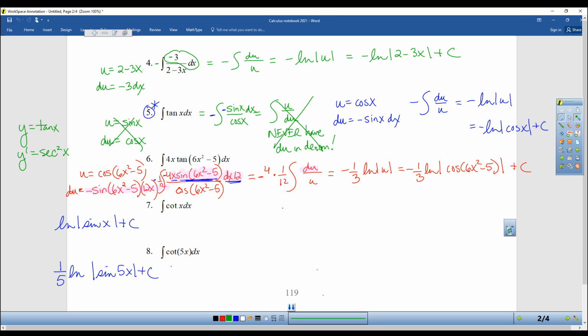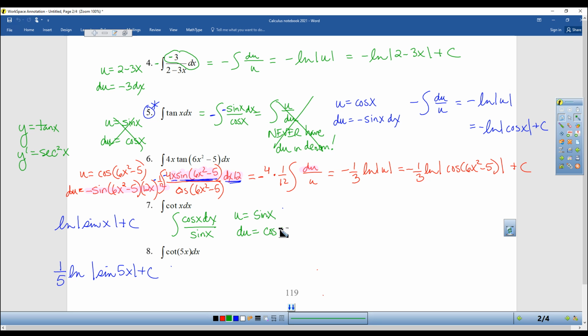All right, so the first step on the cotangent one is like tangent. We're going to have to change it to cosine of x over sine of x. My u now is going to be, whenever you have two trig functions, one of the two is your u. So I'm going to make it sine of x, tempting to make it cosine because that's on top. But I need my du to end up on top.